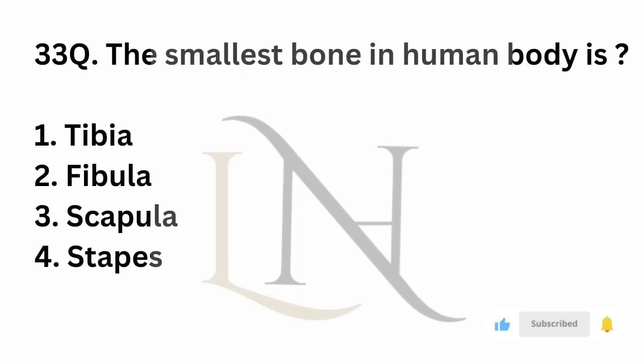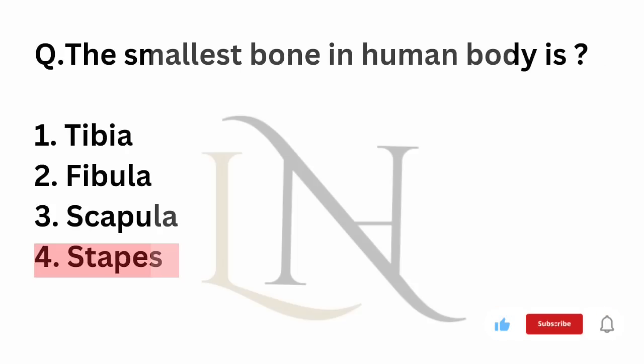Answer is option 4 stapes is the smallest bone in human body, and the smallest muscle in the human body is the stapedius muscle. Move to next MCQ.